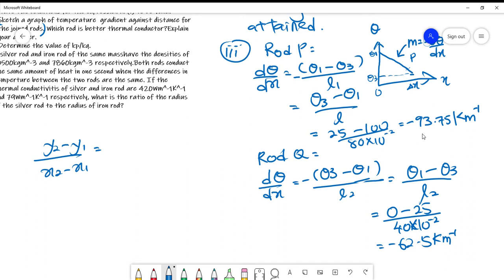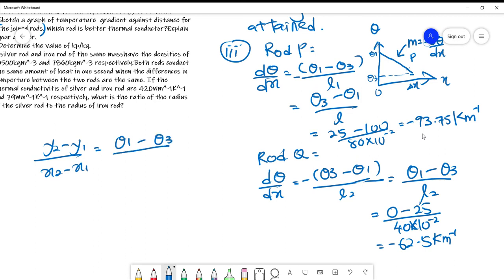So, minus the theta 3. What will be my y2? My y2 is negative 1 minus y1, and y1 is negative 3.